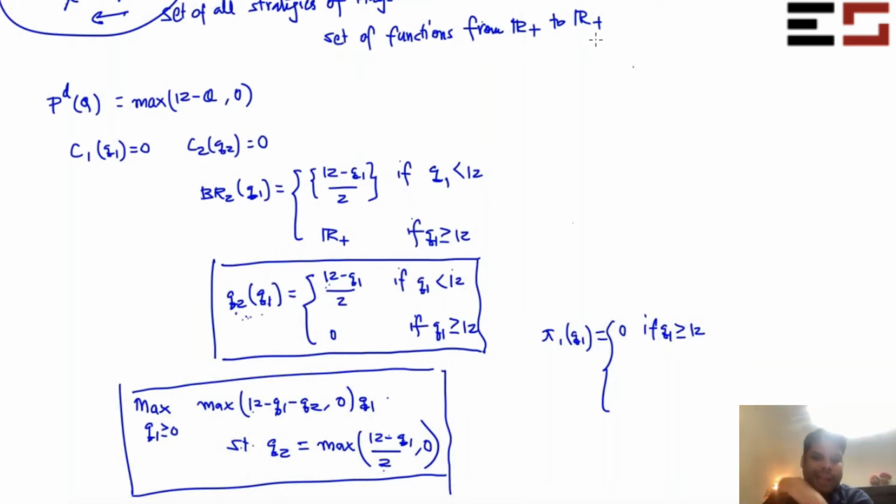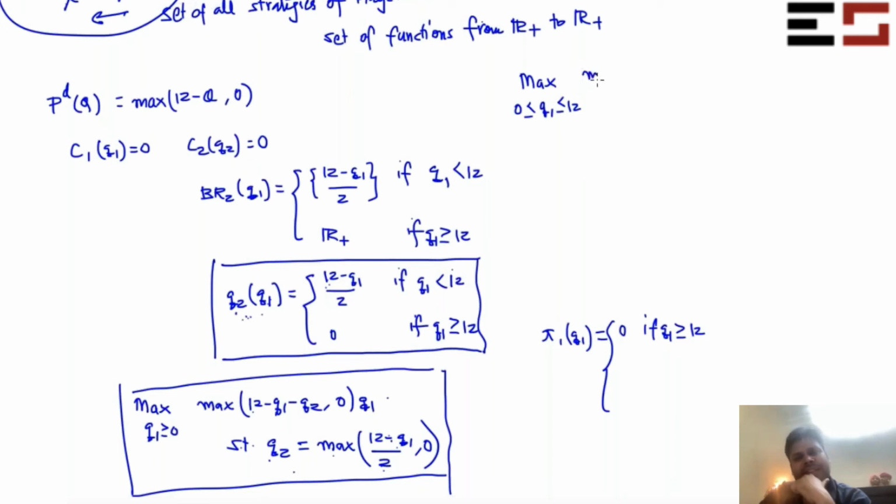Yes. So I just have to solve this optimization problem, because I'm never going to choose above 12. I can write this problem in a simple way. It's a closed interval method, and then I can apply that to solve it. If Q1 is between 0 and 12, this is positive, and the max of these two will be this. So I know Q2 is this.